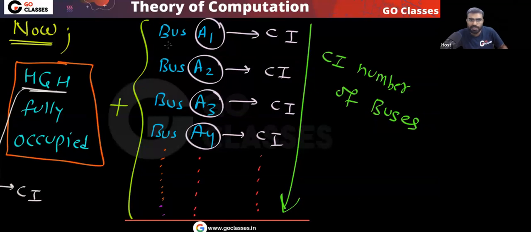Countable infinite number of people, and so on for every bus. Is this clear? So countable infinite number of buses have come. These are the new guests. Now can you accommodate them?